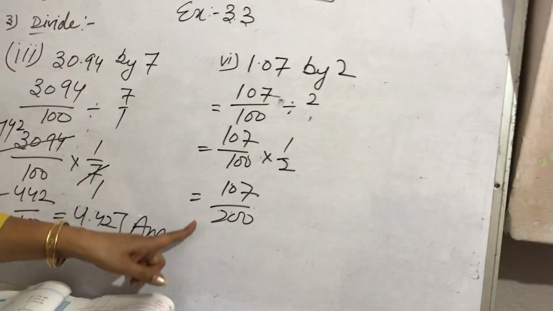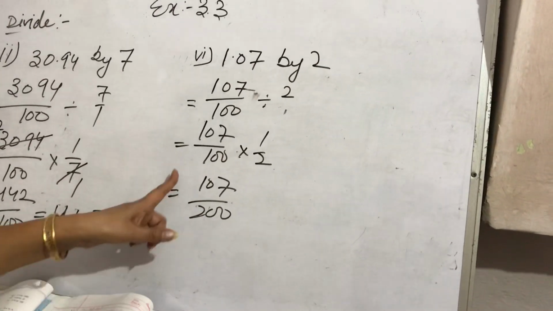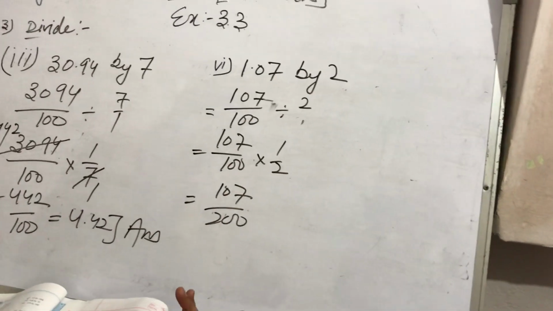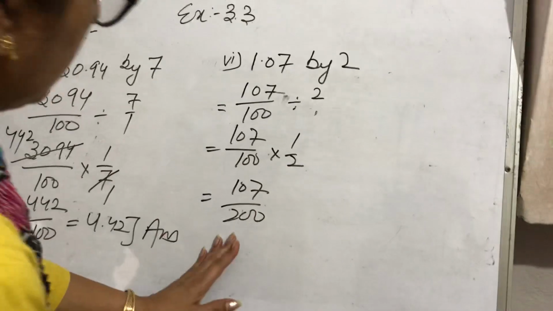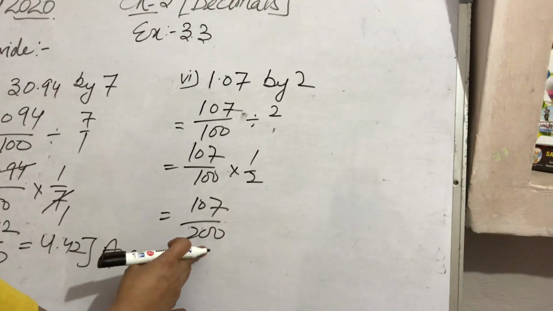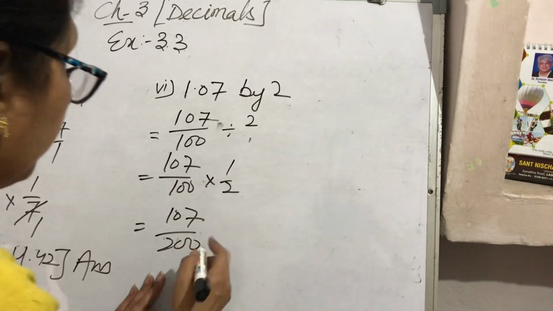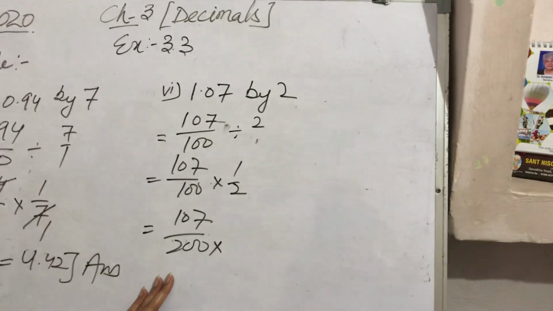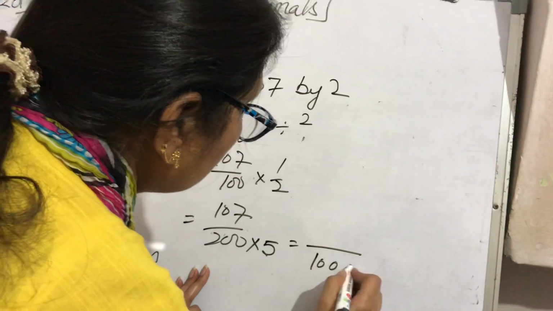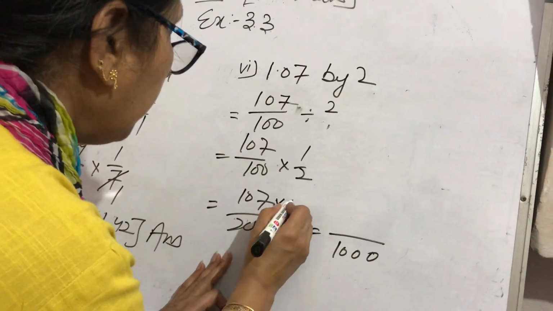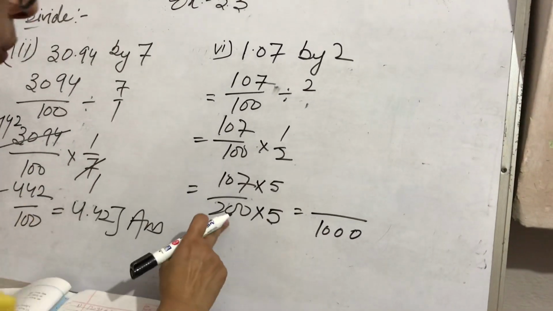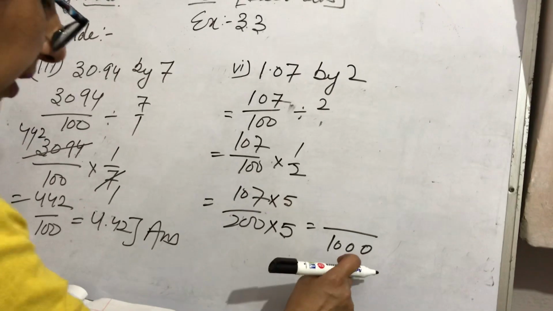Now it's your wish whether you divide 107 by 200 or you make the denominator 1000. So 10 denominator we cannot make, 100 we cannot make because 200 is already greater than 100. We can make the denominator 1000. So multiply by 5. So the denominator is 1000.